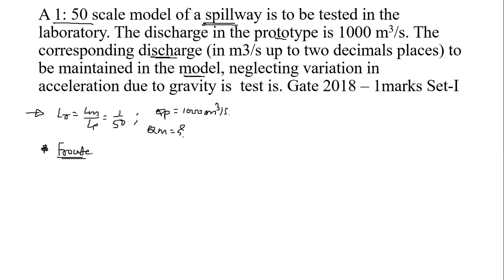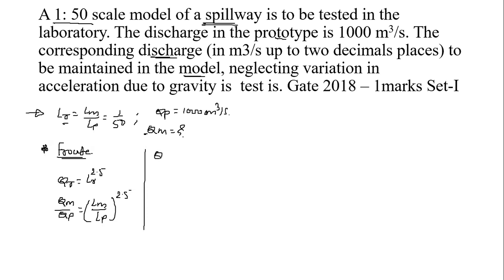So as per that, we know the relation between the discharge scale ratio and the length scale ratio, that is QR = LR raised to 2.5. So QR, that is QM by QP, equals the length scale ratio LM by LP raised to 2.5.